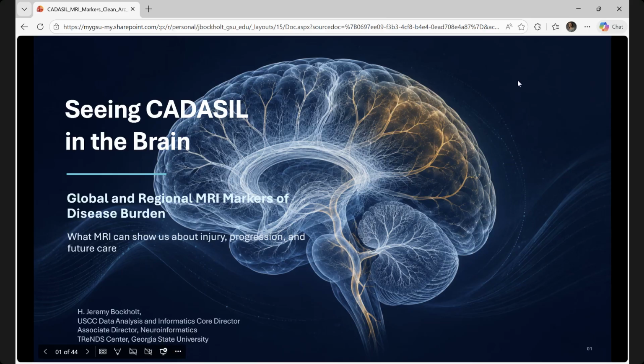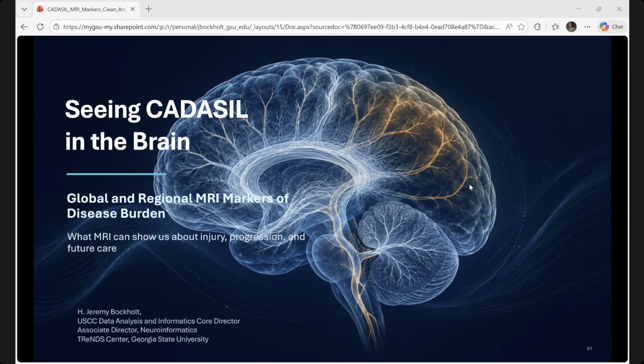So CADASIL imaging is not just about the pictures that we can generate or the things that we can measure, but it's really about understanding the people and your families over time. CADASIL affects all of you, and it's over many, many years. MRI can reveal some aspects of the disease burden, and some of that is apparent before any symptoms are obvious.